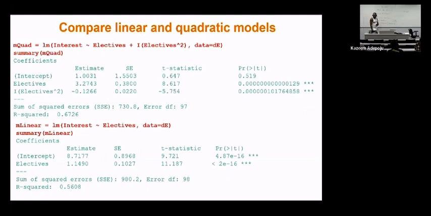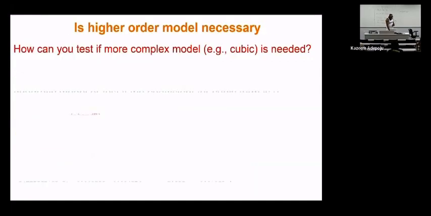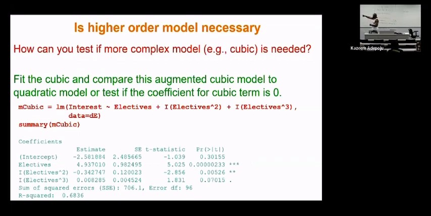Does that make sense? Another way to show whether you need cubic or not is to look at the p-value. Look at the p-value associated with the cubic term. It's 0.07. That is greater than 0.05. It's not significant. Even without looking at that, the R square was a marginal increase.